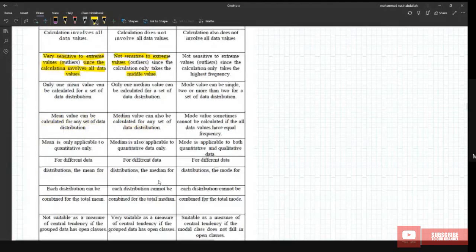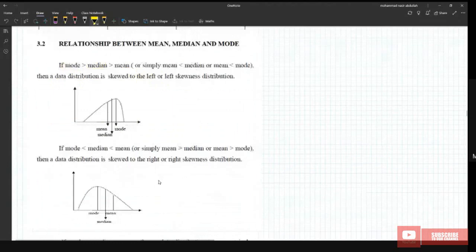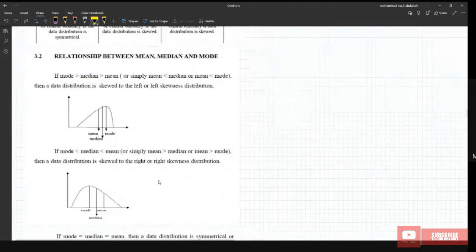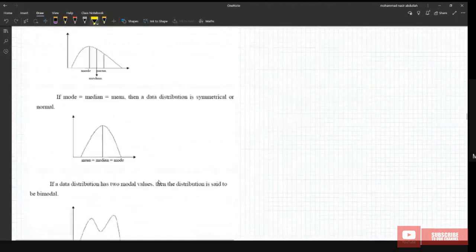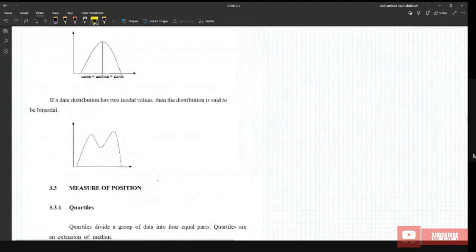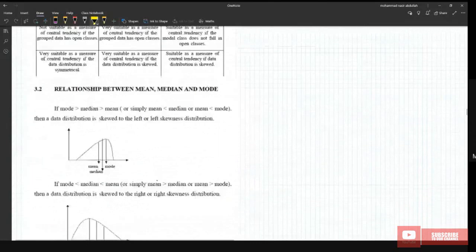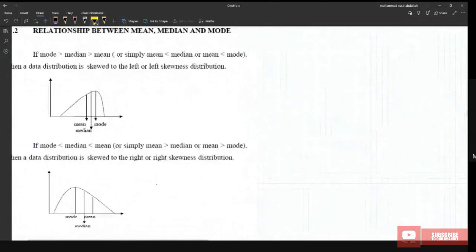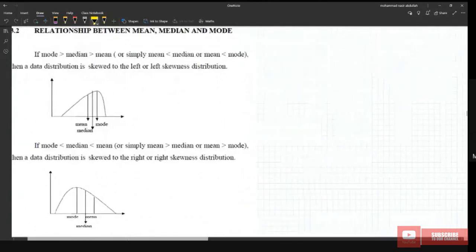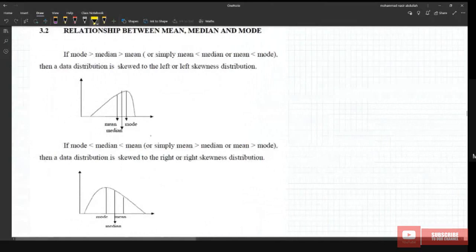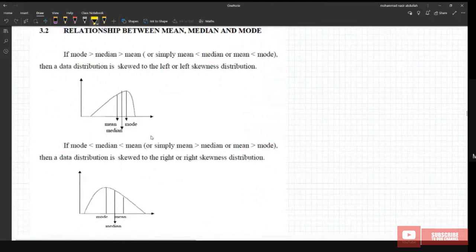So now the relationship between mean, median, and mode. This is the last topic before we enter measure of position. Right? We already learned mean, median, and mode. If mode is more than median, more than mean, right?